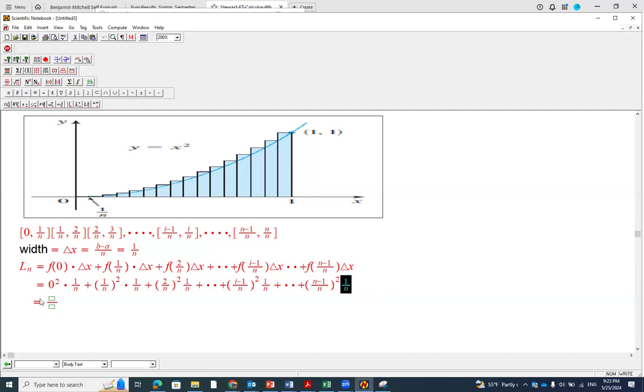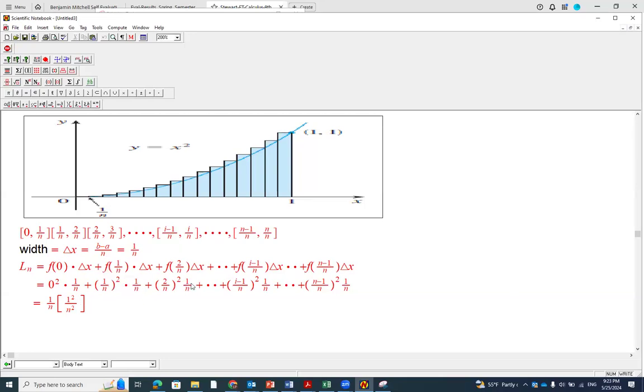We're going to factor out the 1 over n. And in the bracket, we have 1 over n squared, so we ended up with 1 squared over n squared. That's from the second term.